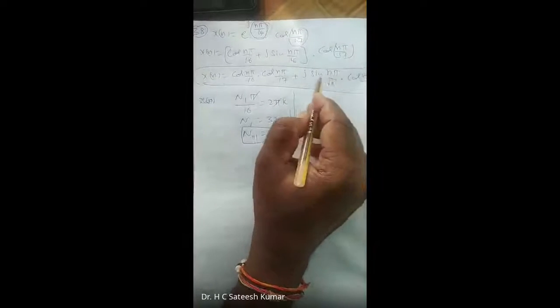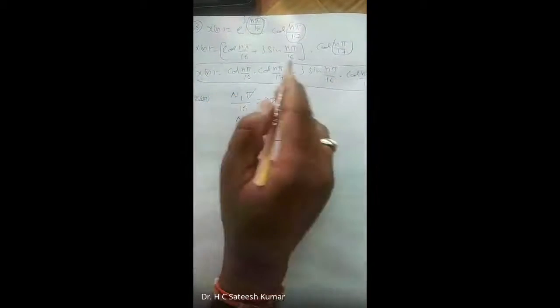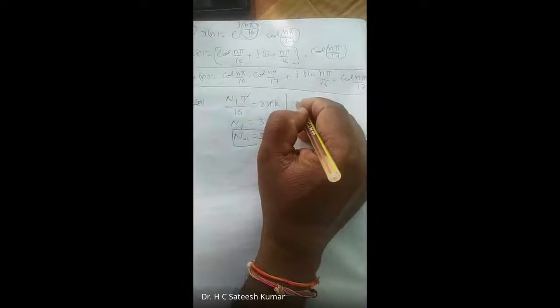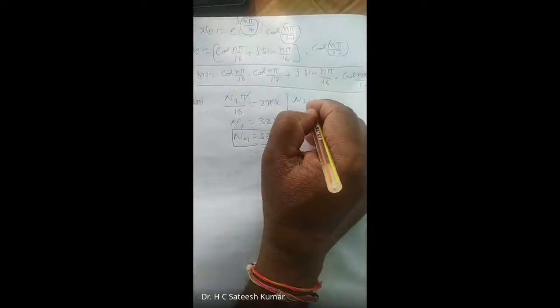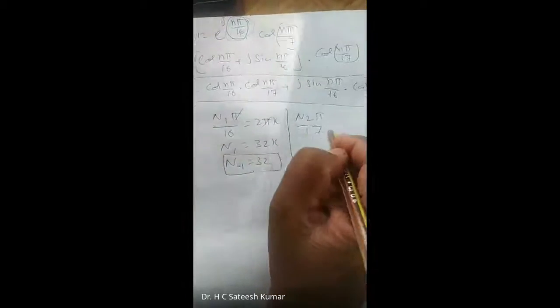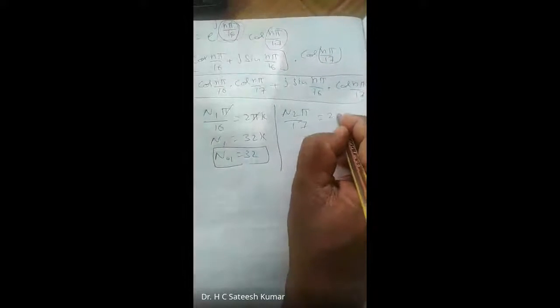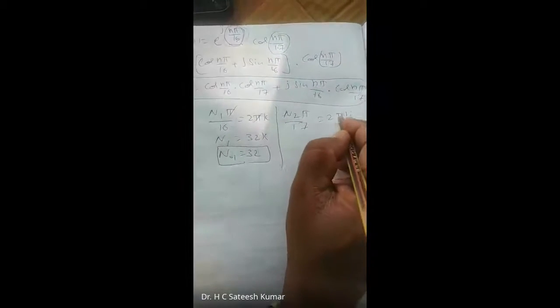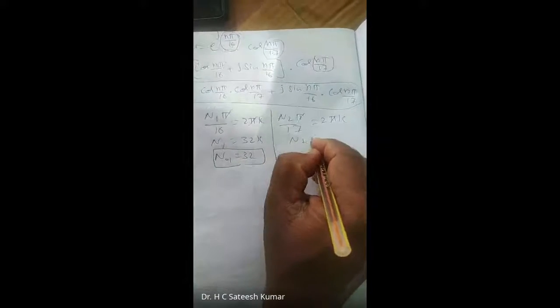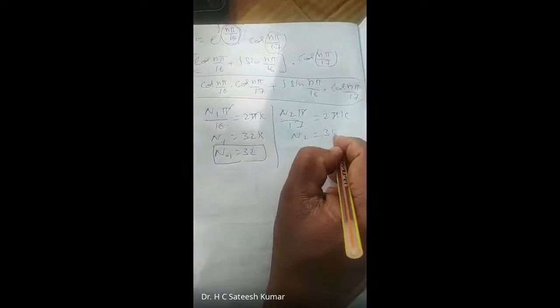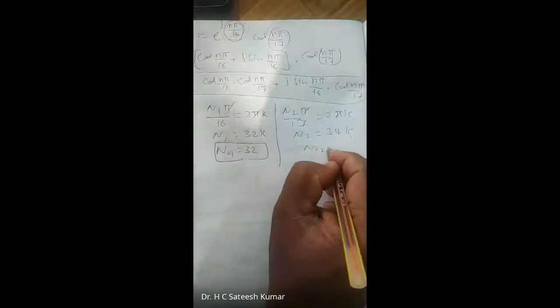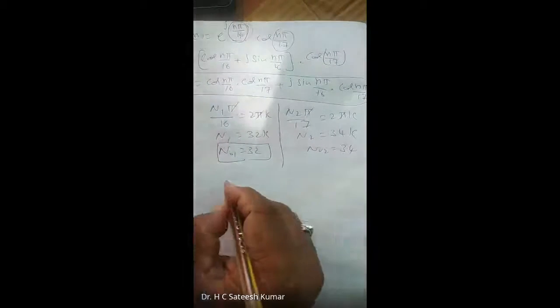And if you take the sum of these two and the sum of these two, you will get the same answer. So what is that way? N2 pi by 17 is equal to 2 pi k. Pi gets cancelled. N2 is equal to 34k, so N02 is equal to 34.